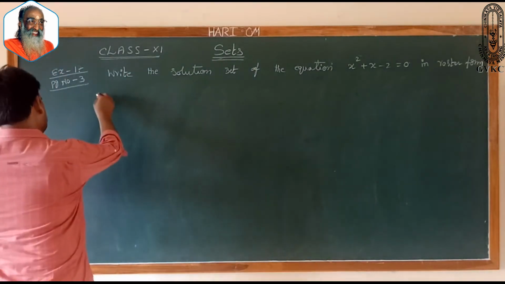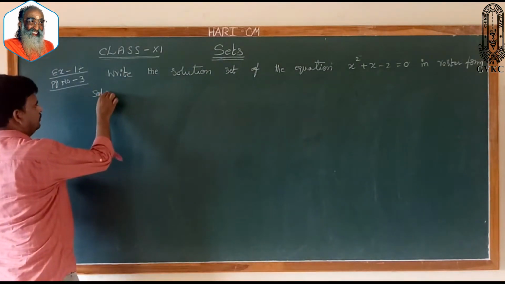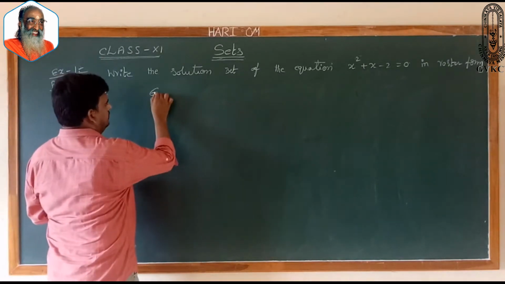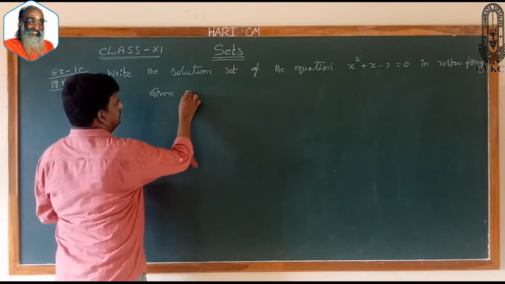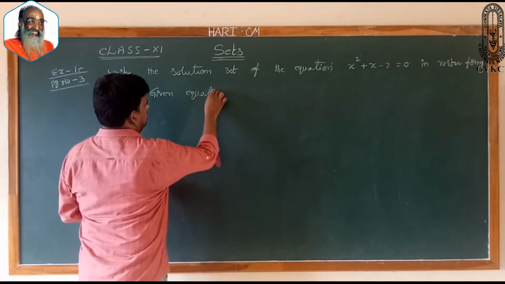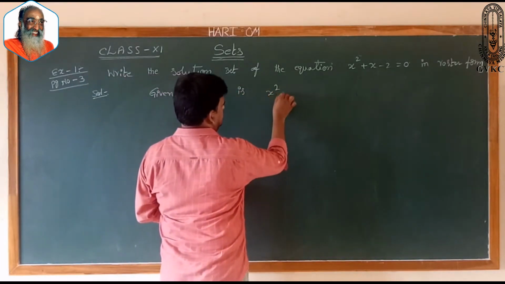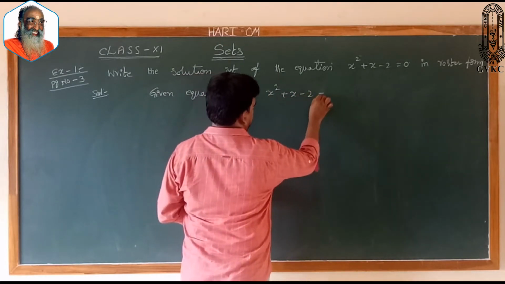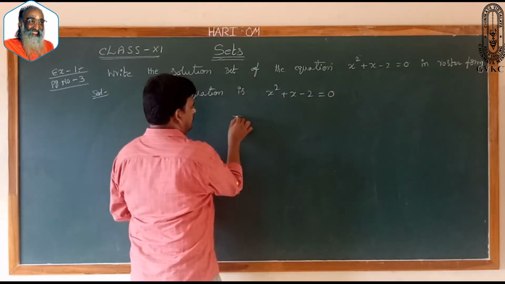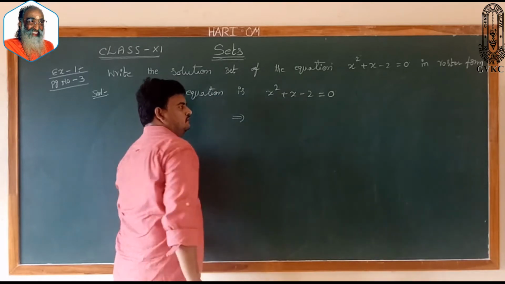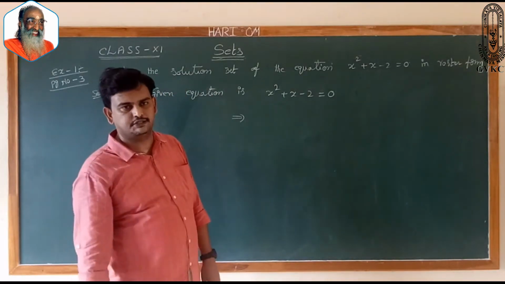Now how to solve this problem? The given equation is x square plus x minus 2 is equal to 0. We go for factorization of this. How to do that factorization?